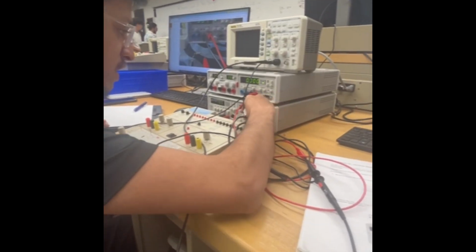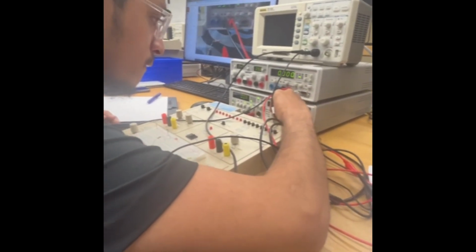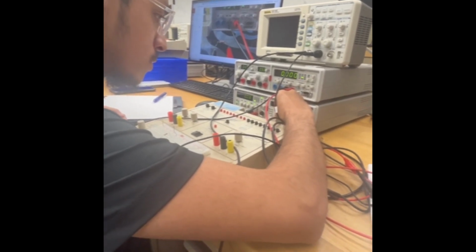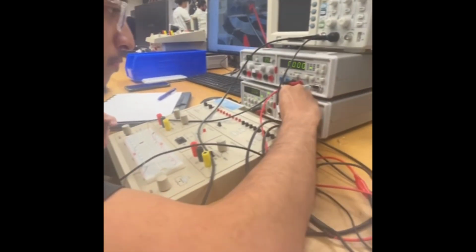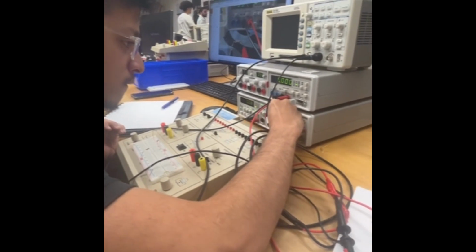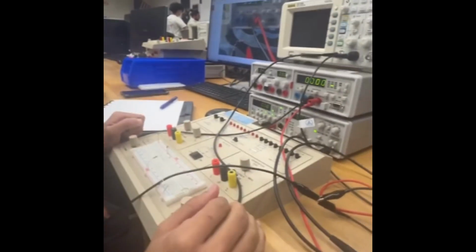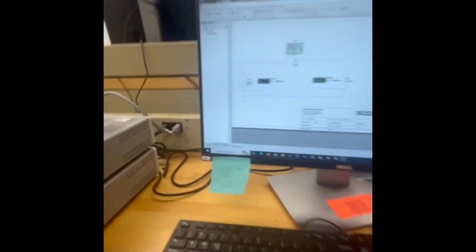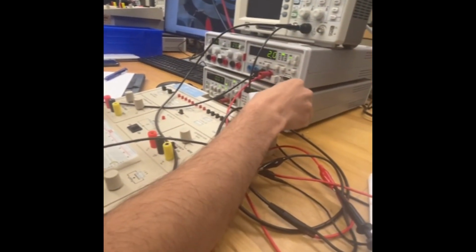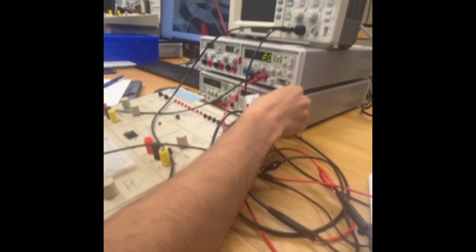Put the frequency at 500. So for our frequency, it is 500, as we see in our report right here. Let me get a better view. Okay. And then for our VRMS will be 2.